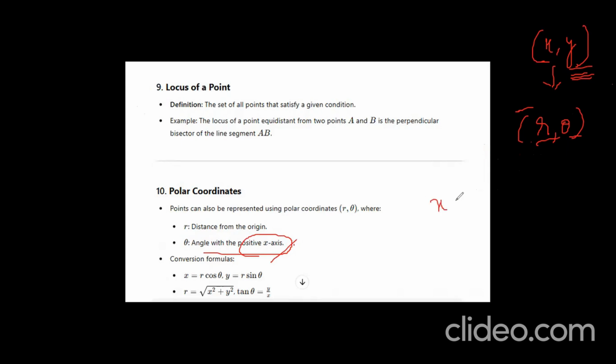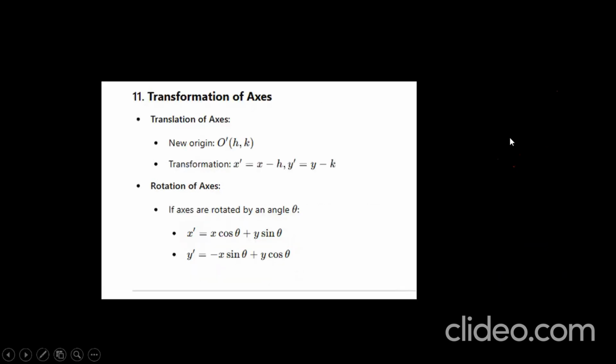So x is equal to r cos theta, y is equal to r sin theta. R is equal to square root of x square plus y square. And tan theta is equal to sin theta by cos theta, which is y by x. Understand? So this is the polar form, with r comma theta as the ordered pair.